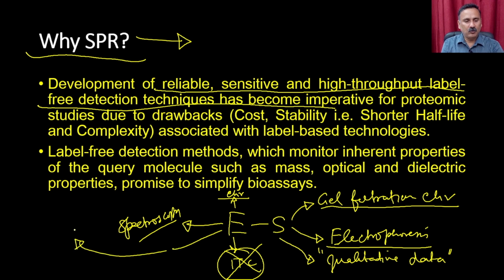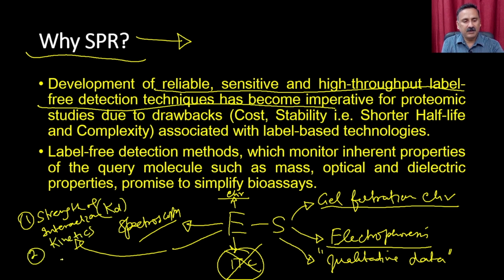It will not tell you the strength of the interactions, number one. This means it will not give you very precise KD values. It will not tell you the kinetics, and most importantly, the majority of these techniques cannot be used for screening multiple ligands.